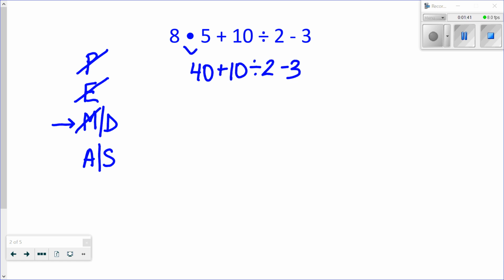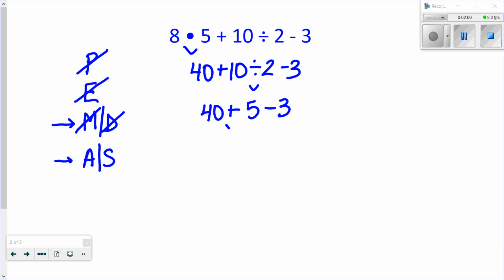Now I could cross out multiplication. Now I see division. That would come next. 40 plus 10 divided by 2 is 5 minus 3. I'm bringing everything down. Now I'm up to addition and subtraction. I go from left to right.